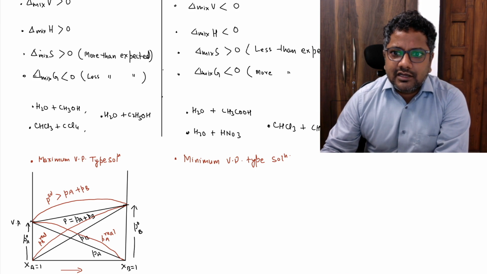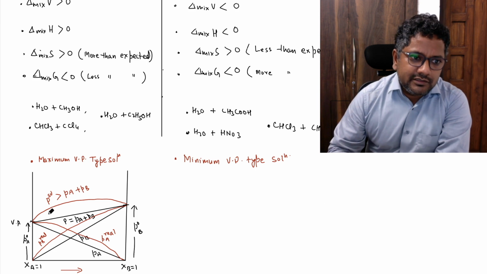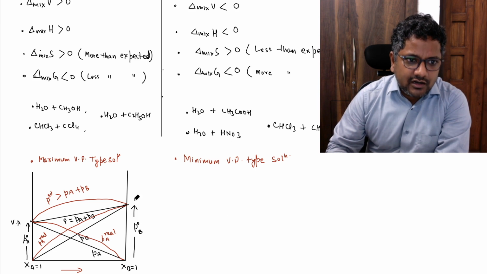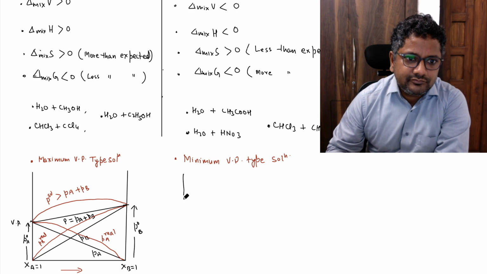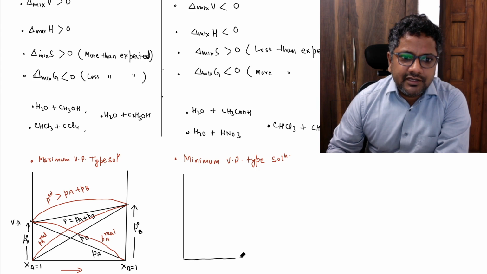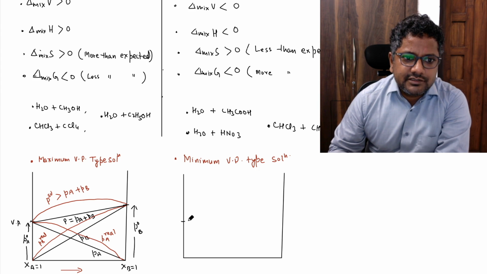So a similar graph you can draw for negative deviation. All are below these ideal lines, right? So if you take negative deviation, this is P naught A, this is P naught B. Here XB is equal to 1 and XA is equal to 1.